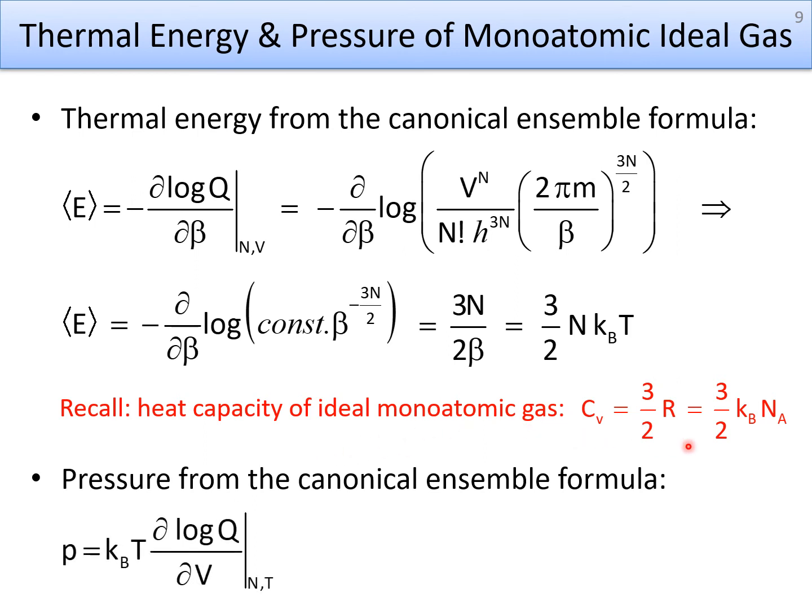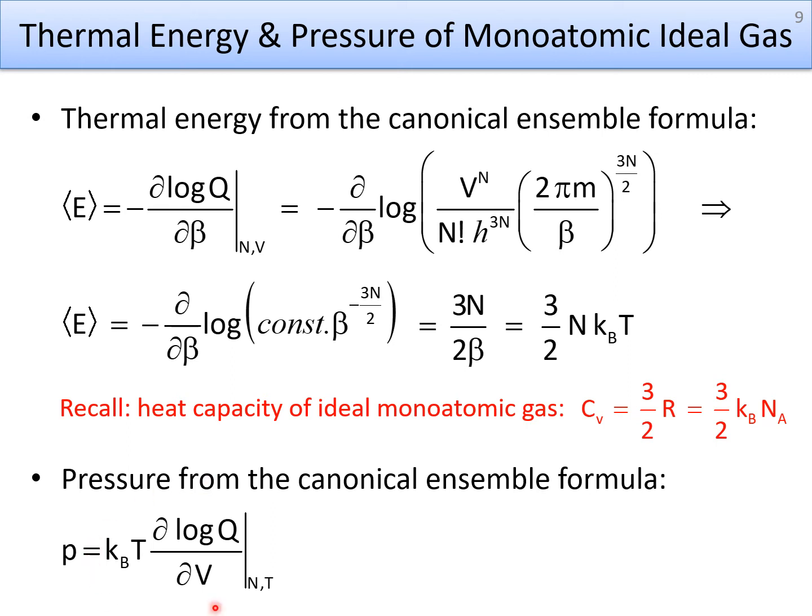Basically the CV is this thing here, 3 over 2 N kB, and CV times T minus T reference would be the thermal energy in the canonical ensemble. So we basically recovered this equation that you had seen before in your textbooks using the fundamental principles of statistical mechanics.